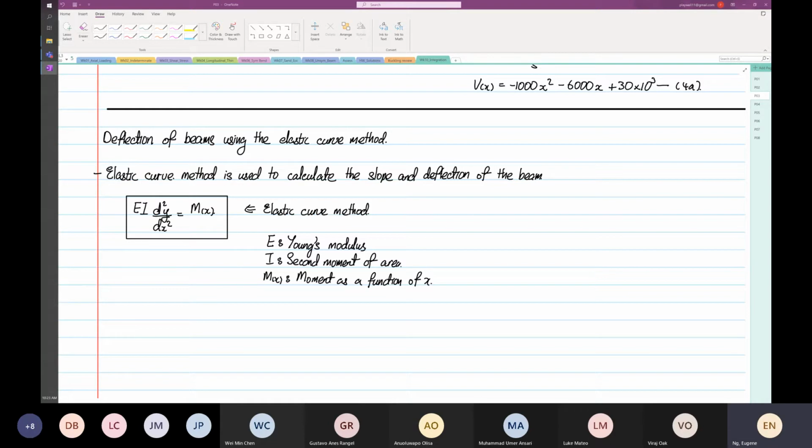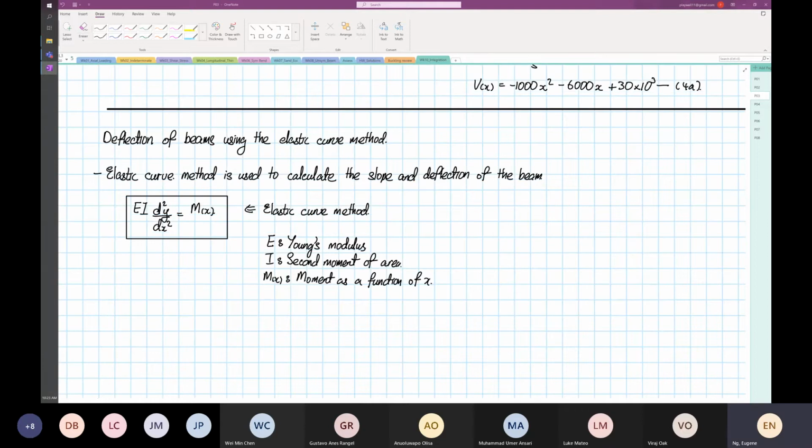So we're going to draw a beam now. I'm going to sketch a beam, and for this case we are going to look at a beam that is simply supported.